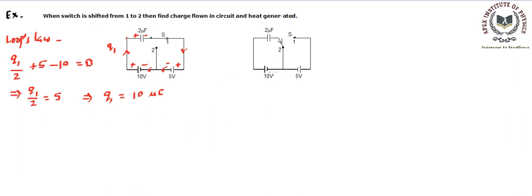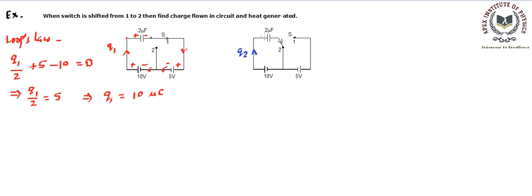Now let's talk about what happens when we change the switch from 1 to 2. Let's solve that part over here. Let's say in this particular case, the charge that has flown through this battery is Q2. Now this charge Q2 has to move and get accumulated over here.